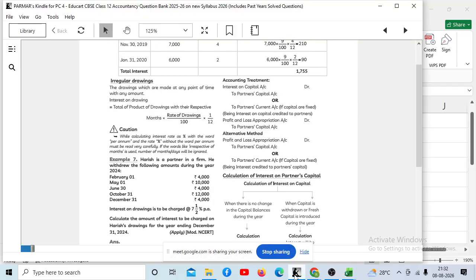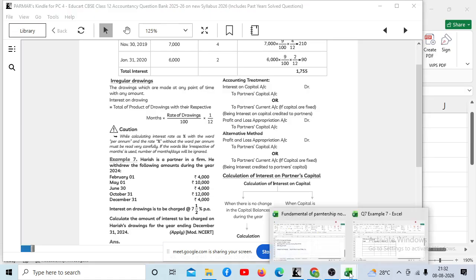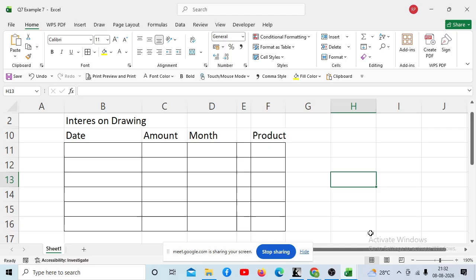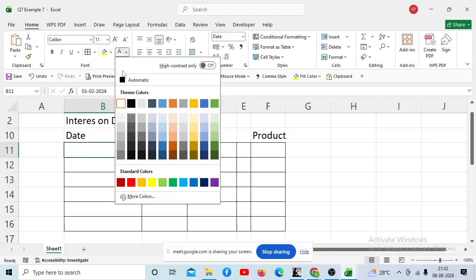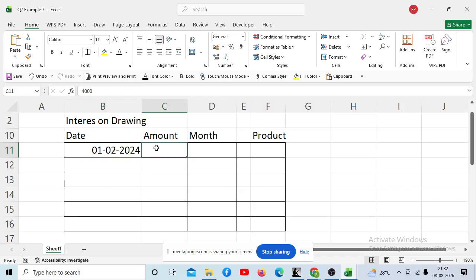Now we will write one by one. First is February 1 and the amount is 4,000. So the date is 1st February and the amount is 4,000.